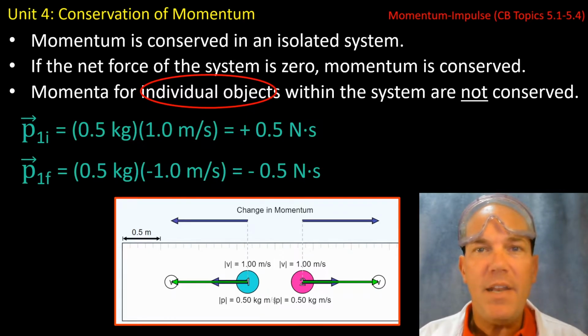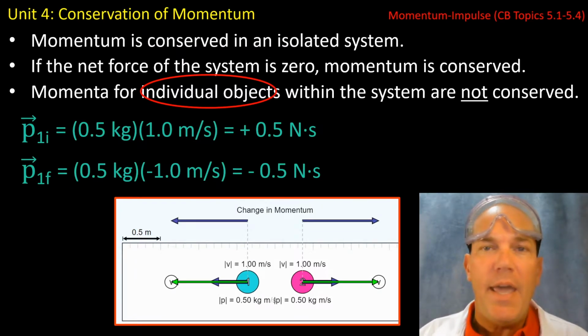Let me provide a bit of intuition here for what has occurred. The light blue colored ball had its initial momentum to the right. It struck the magenta colored ball, for an instant stopped, and regained all of its momentum, but in the opposite direction. So of course, momentum was not conserved for this object.